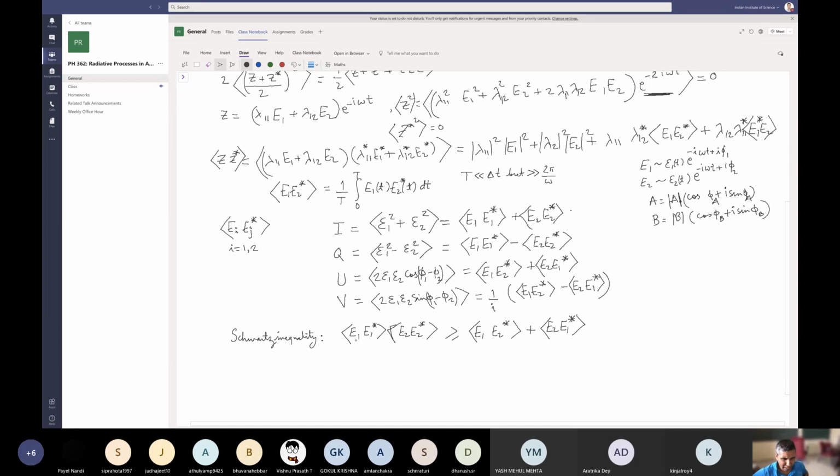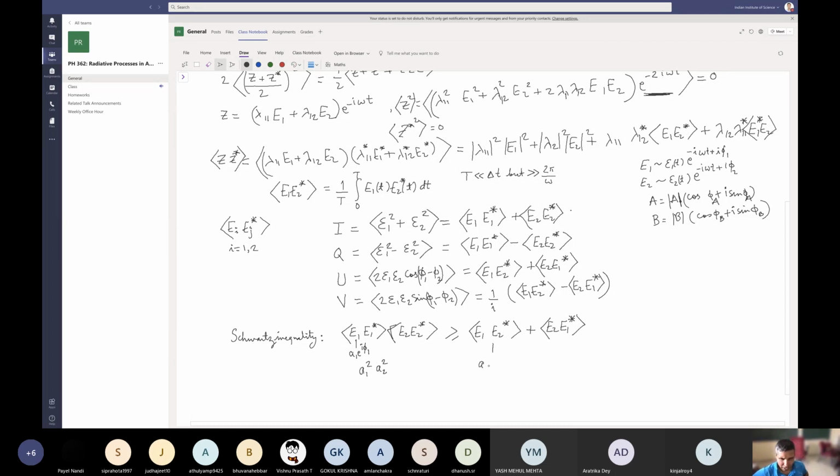So if, for example, E1 goes like A1 e to the i phi1, and similarly E2 has the same form, then this is nothing but A1 squared A2 squared, where A1 is a real number now. Now what is this?